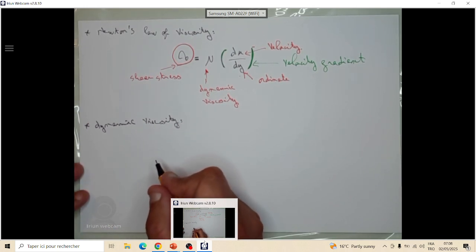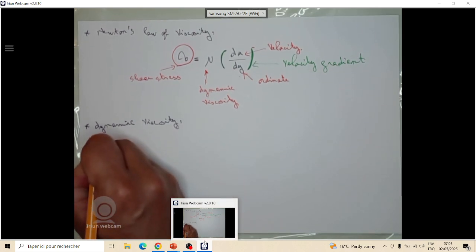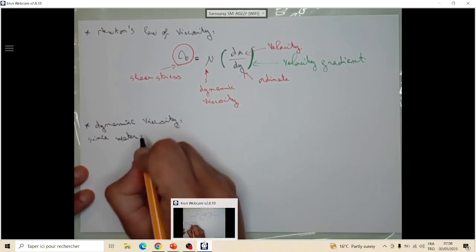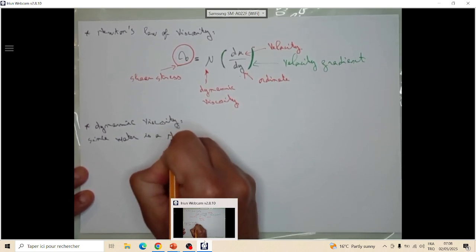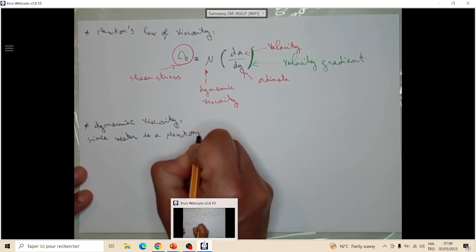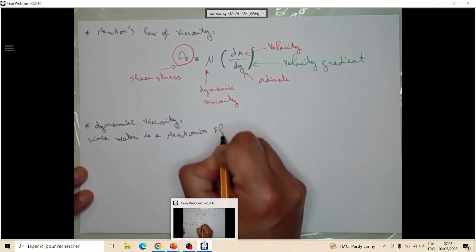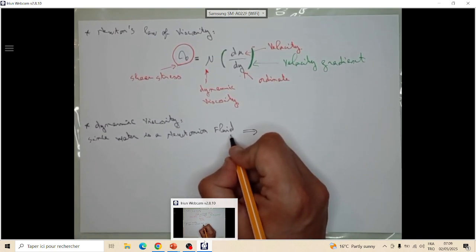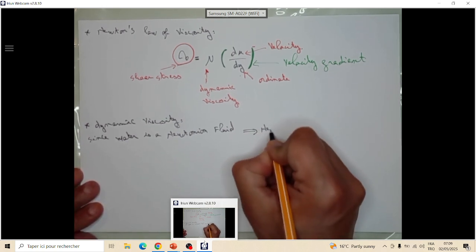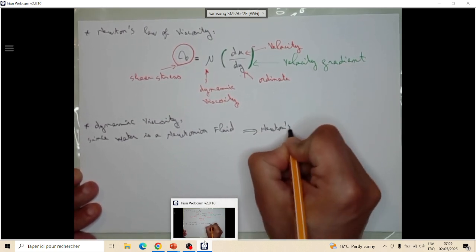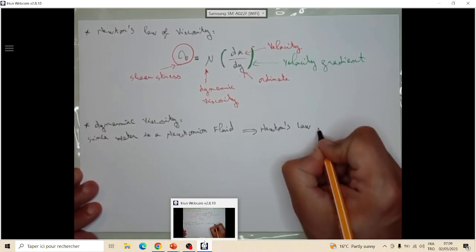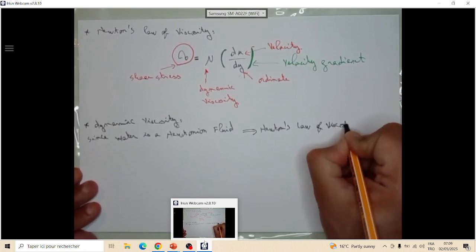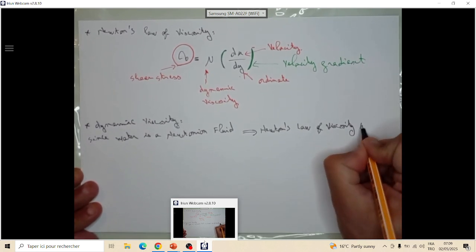We can say that since water is a Newtonian fluid, this implies that Newton's law of viscosity applies.